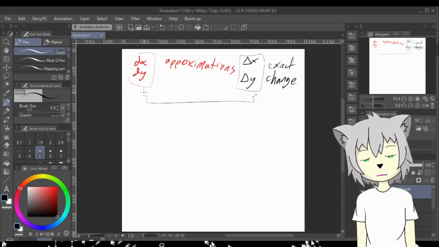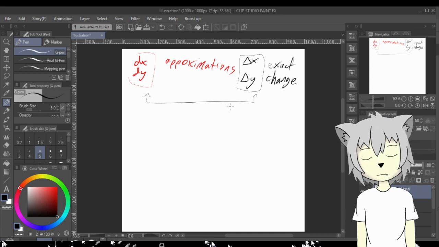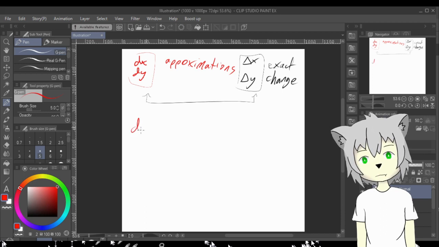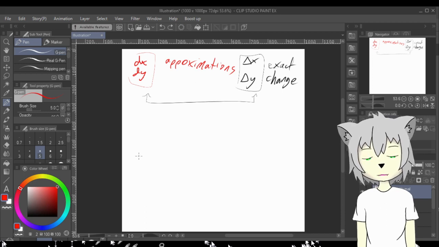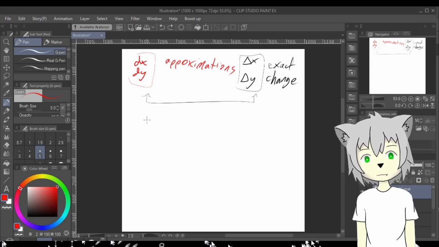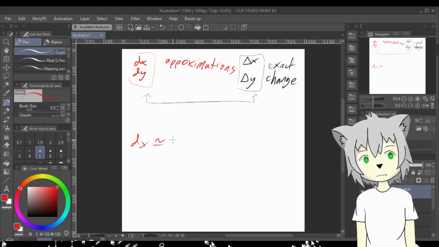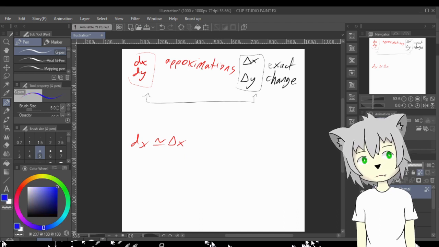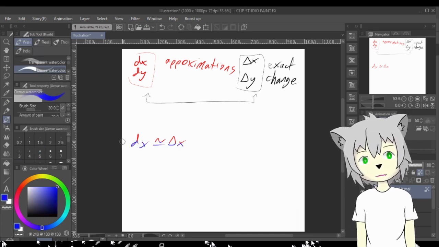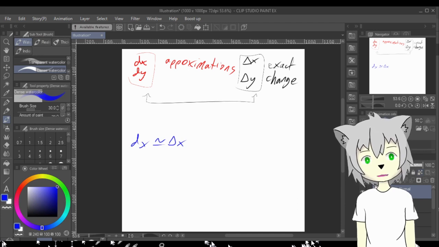dy doesn't necessarily mean change in y, and dx doesn't necessarily mean change in x, but in class you might have been introduced to this stuff in that way, where dx is basically change in x, but also not really. It's close, but not the same.